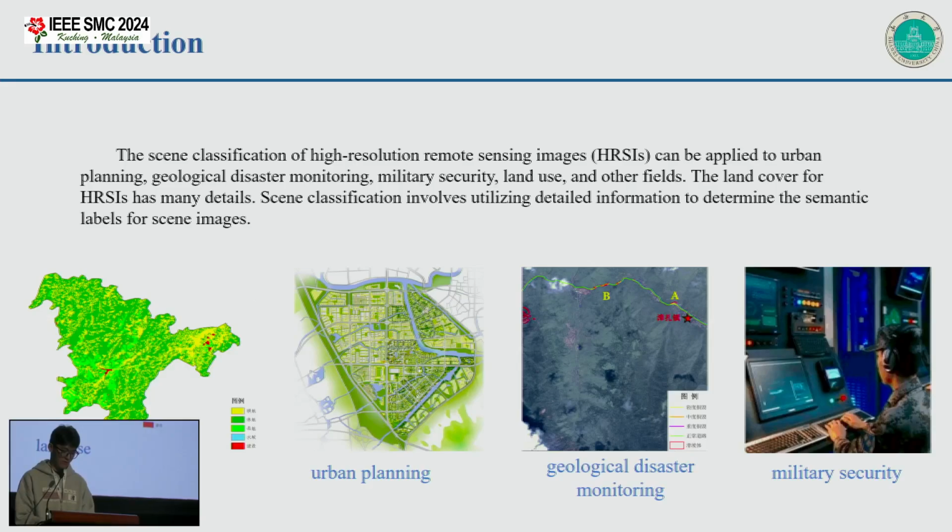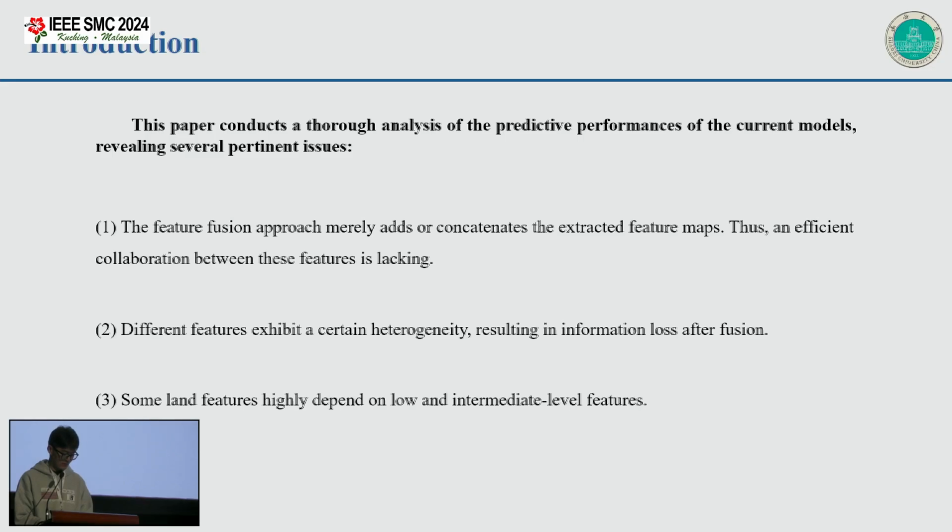Land cover for HRRS has many details; scene classification utilizes the detailed information to determine the semantic labels for scene images. This paper conducts a thorough analysis of the predictive performance of current models, revealing several pertinent issues: number 1, number 2, and number 3.